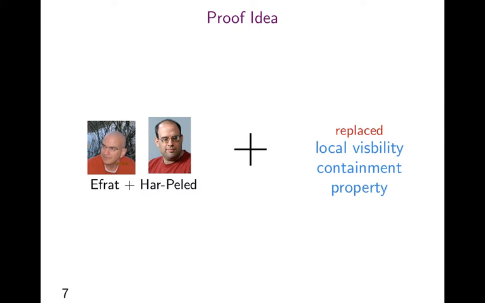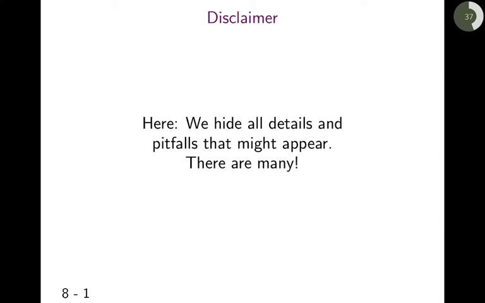In the following, I will hide details which I don't deem necessary for the main idea, and there are quite a bunch of them. And I already did this actually, but later I will point out some of those pitfalls.